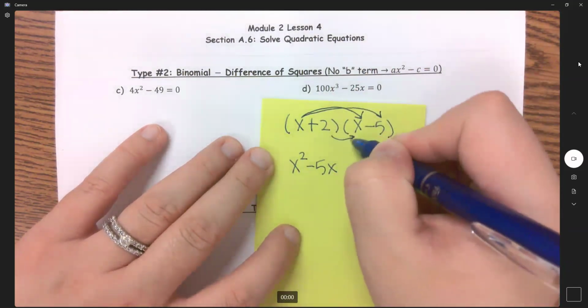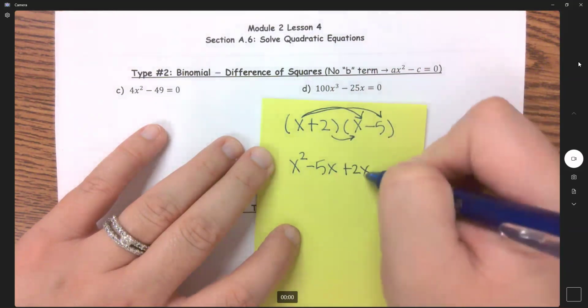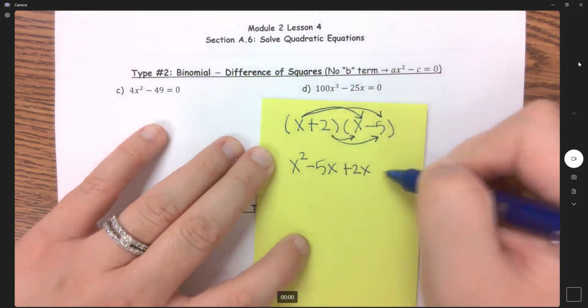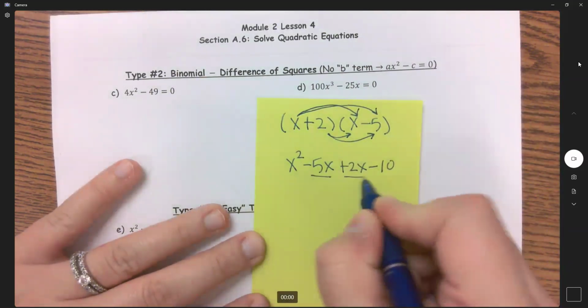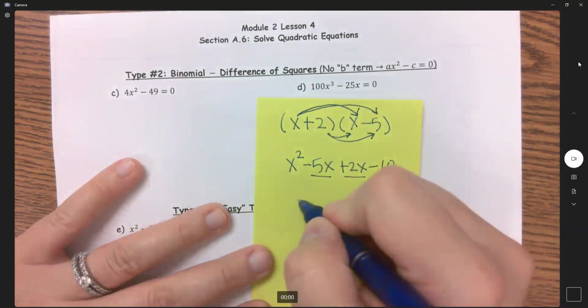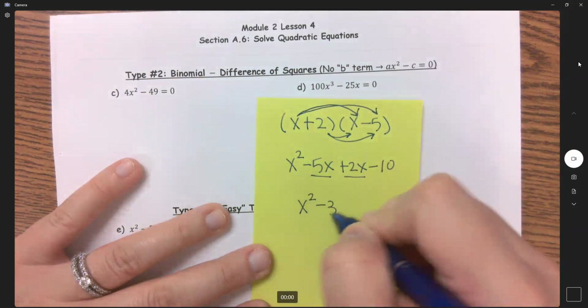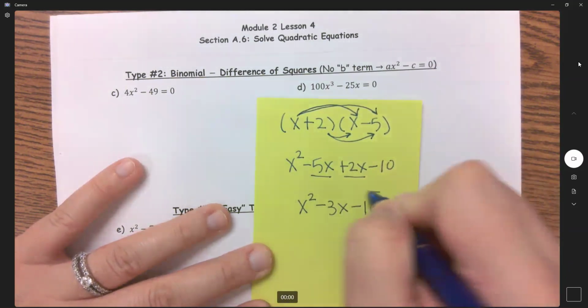My inner is 2 times x, and my last is -10. We would combine our like terms to get x squared minus 3x minus 10.